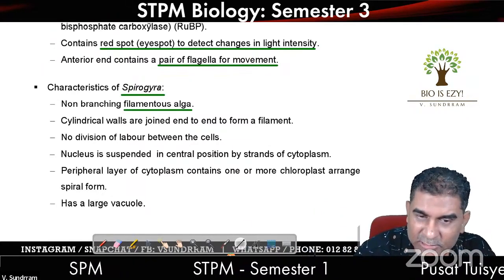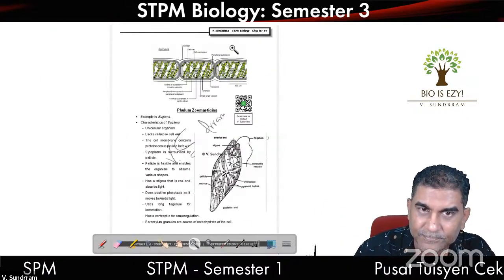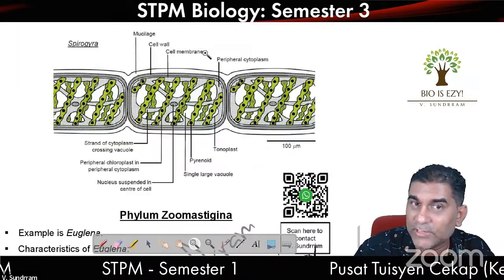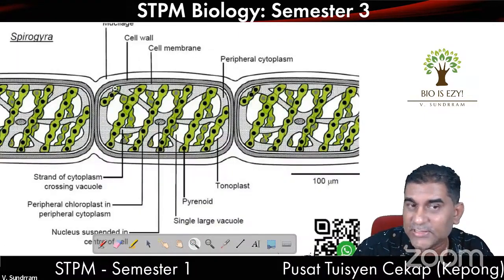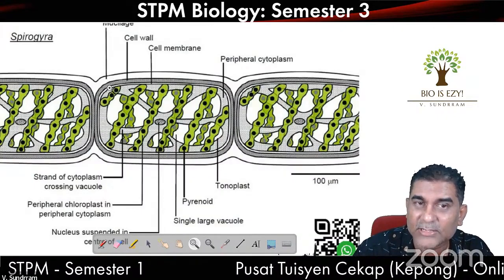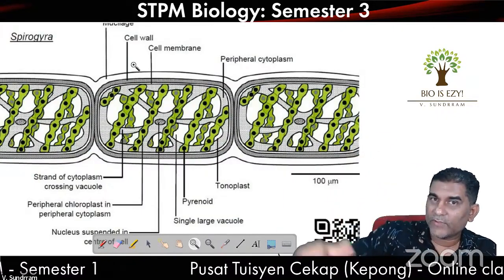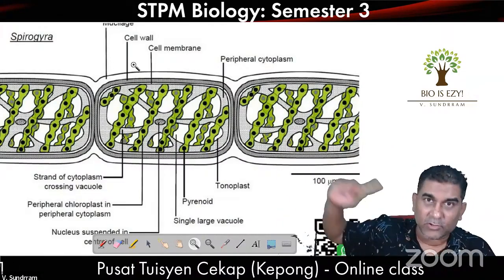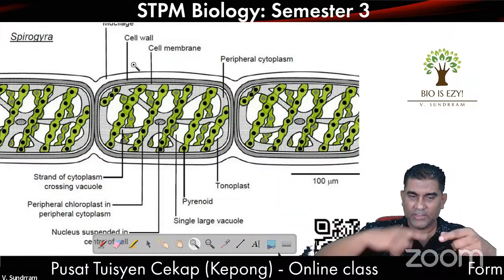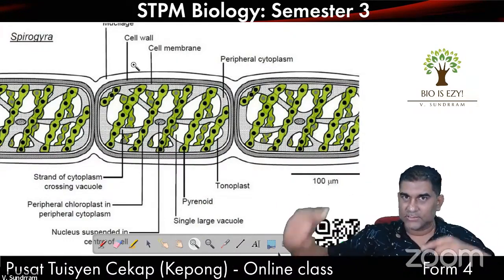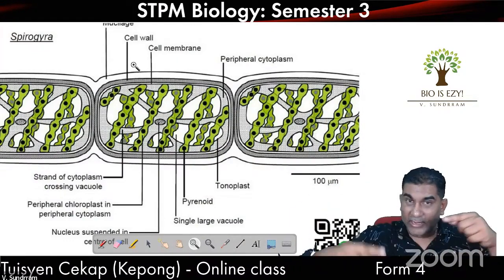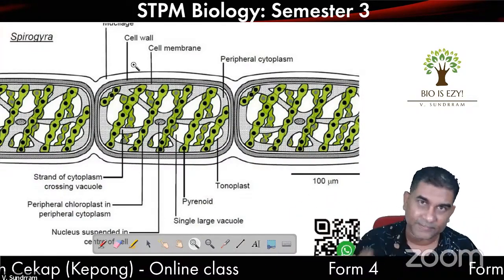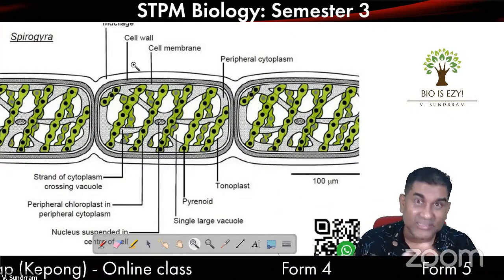Now this is how the Spirogyra looks like. It's quite beautiful actually. So what you can see, first thing is these green ones are the chlorophyll. The chlorophyll is arranged in a filament. They coil in a coil fashion. So you can see it's around the cell, because the center is the cytoplasm.